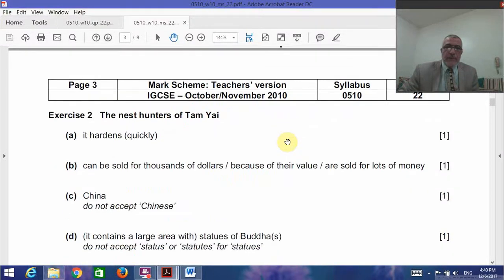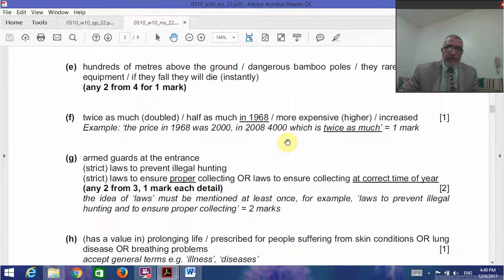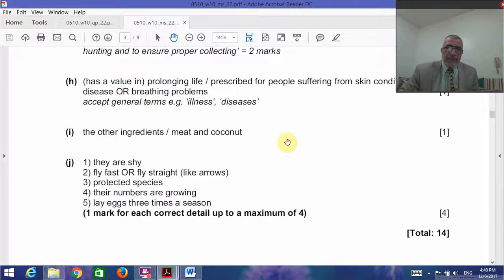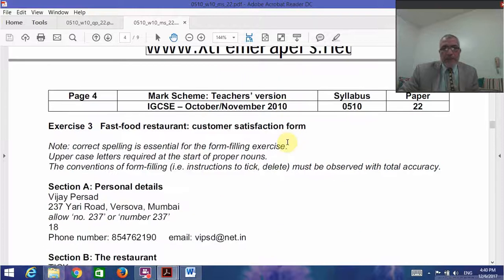This is for exercise 2. Then exercise 3 here.